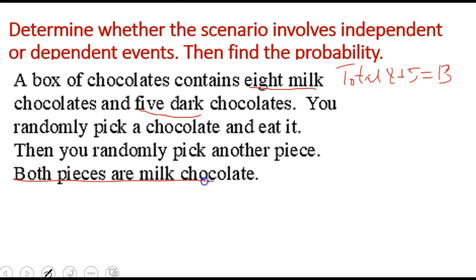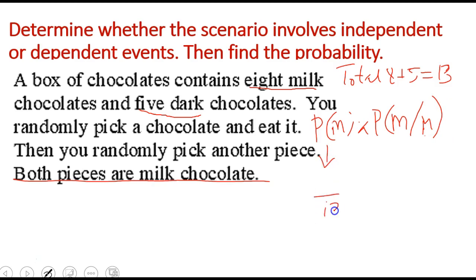Both pieces are milk chocolate. So the probability of picking a milk chocolate first, times the probability of picking another milk chocolate, given that you have already picked milk before. First of all, the total outcome we know is 13, so it's going to be over 13. You have to find one at a time.